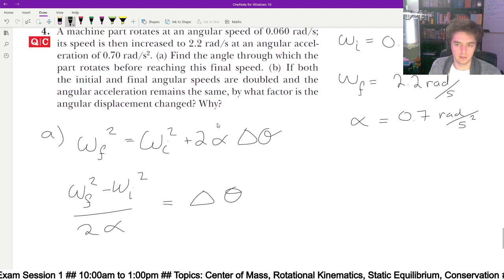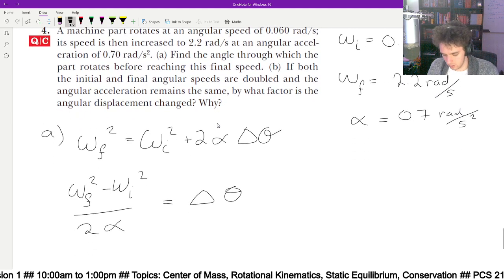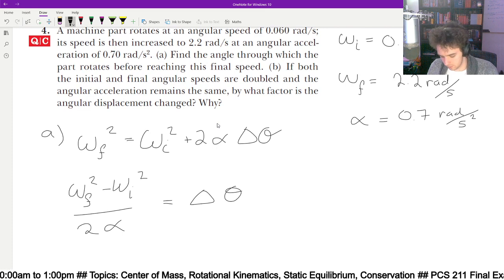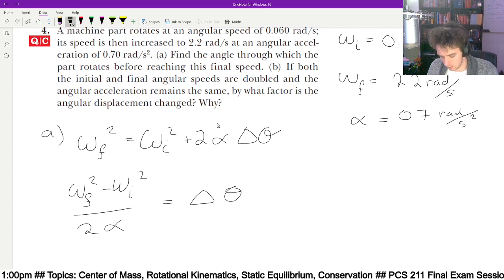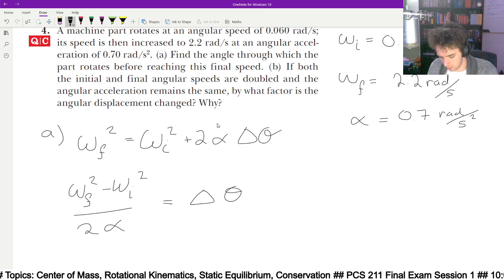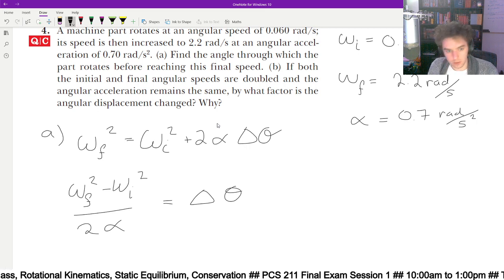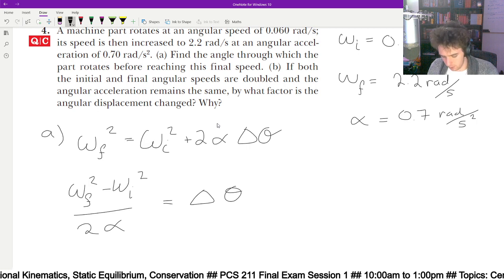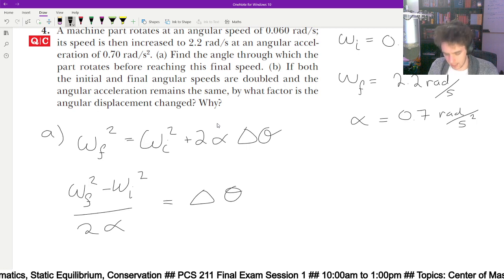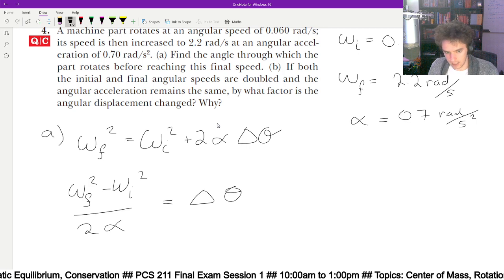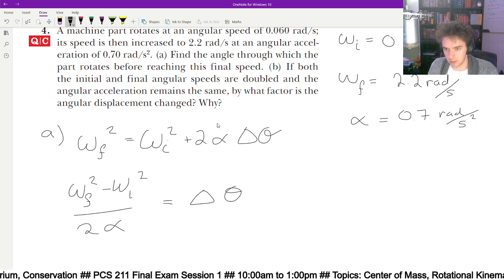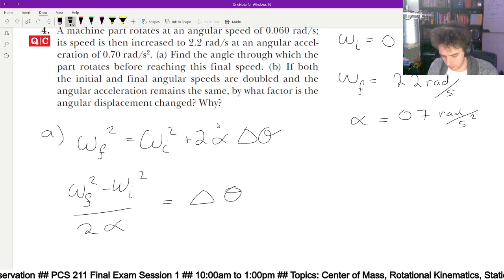Let's plug in our information. Omega f is 2.2, omega i is 0.06, and it's 2 times the acceleration, so the acceleration is 0.7.